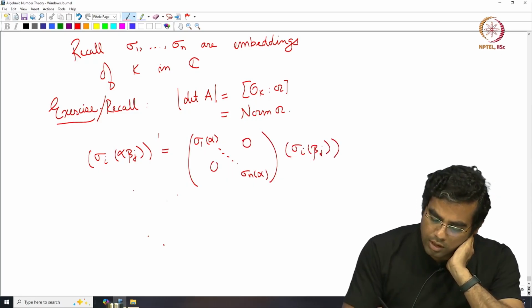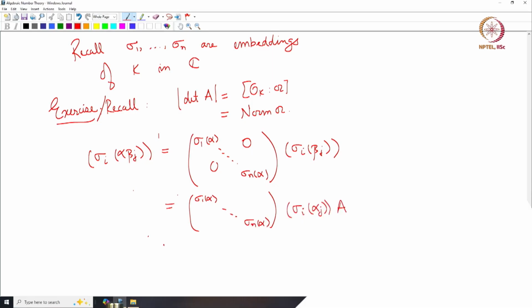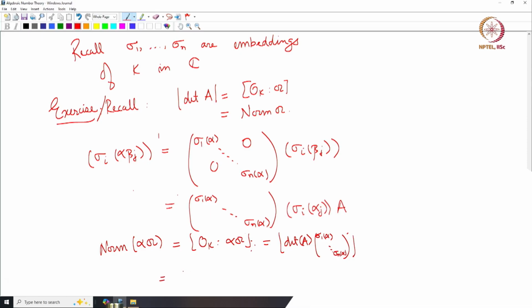But remember, this is equal to the diagonal matrix sigma 1 alpha up to sigma n alpha, times sigma I alpha j times A. The norm of alpha A, which is also the index of alpha A in OK, is the mod of the determinant of A times the determinant of this diagonal matrix. But what is the determinant of that diagonal matrix?